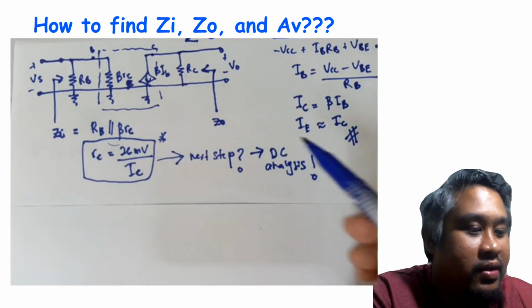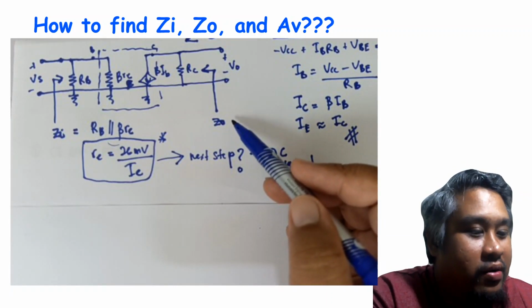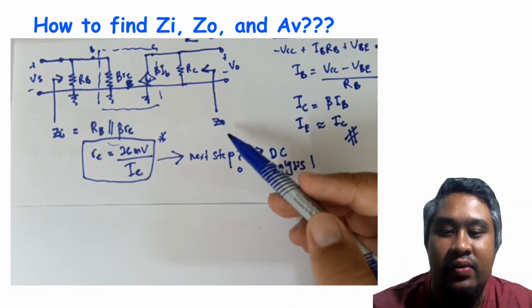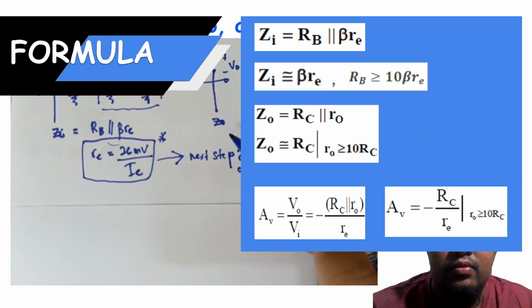Next, Z out. Z out is equal to what? Let me see the formula. Z out equals RC parallel with R out.